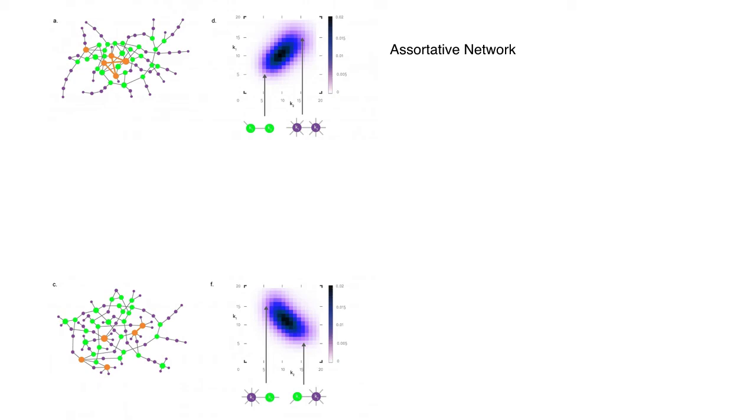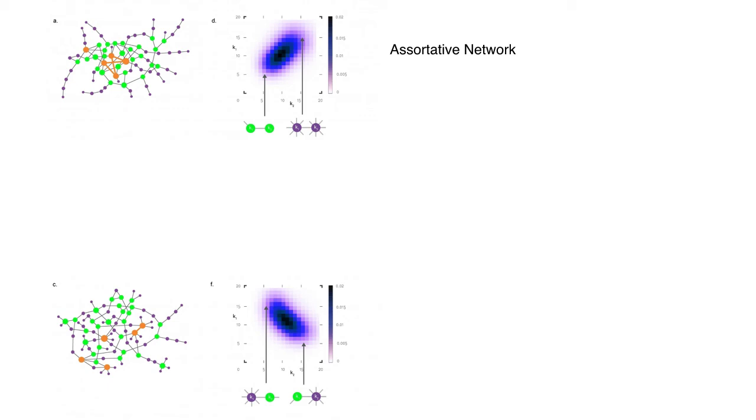Here we have a negative slope in the matrix, which means that nodes with a high degree tend to more frequently form connections with nodes that have a low degree, and nodes with low degree tend to form connections with nodes that have a high degree. This would be a great example of a disassortative network.